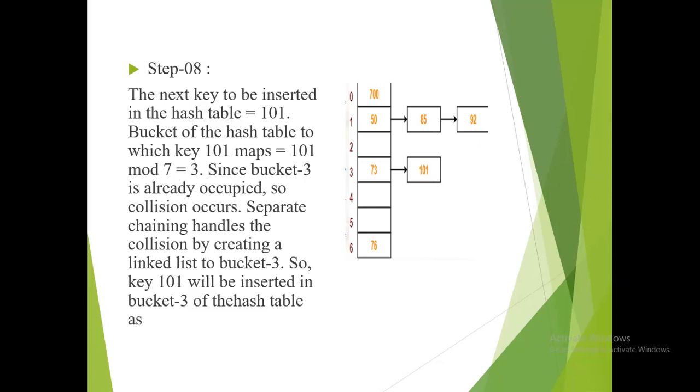Next, the key to be inserted is 101. The bucket to which key 101 maps is 101 mod 7 equal to 3. Bucket 3 is already occupied, so a collision occurs. Separate chaining handles it by creating a linked list at bucket 3. So key 101 will be inserted in the hash table.